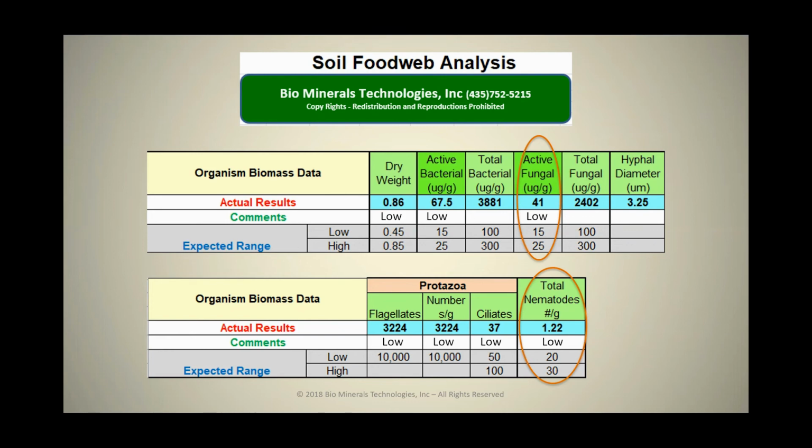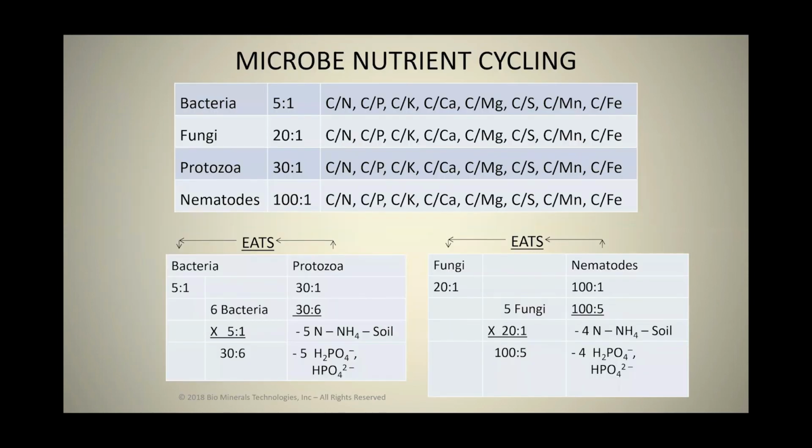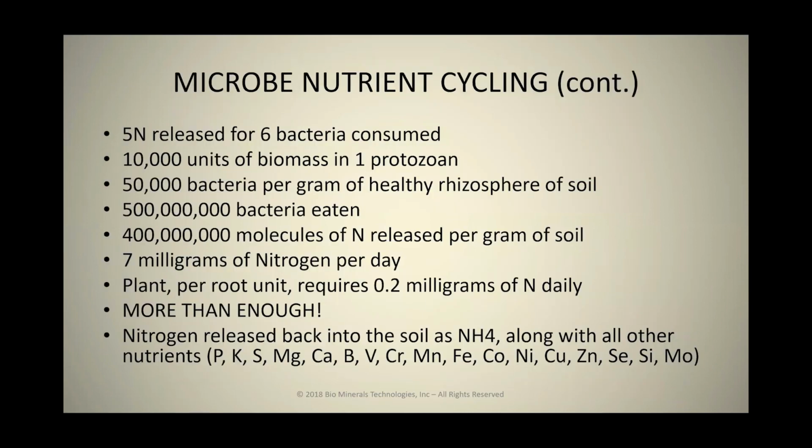So I've developed a calculator that we can put these numbers in, and it helps us get a feel for what nutrient cycling is possible and what activity is going on in the soil. And again, we go back to microbial cycling, protozoa eating bacteria releasing what they don't need, nematode eating fungi releasing what they don't need for their ratios. And we've already gone through this.